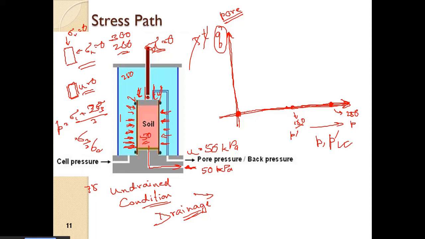So this point will remain here as it is because the cell pressure is 250 kPa. And this point will shift to the right now. The effective stress will increase.